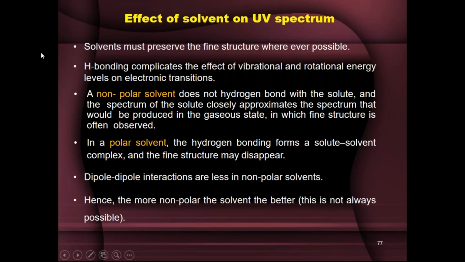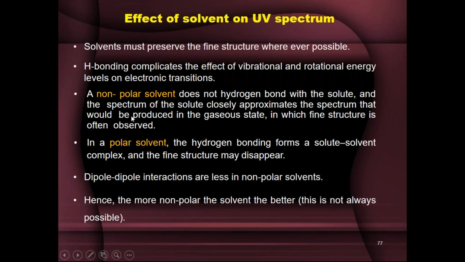Now, the solvents could be non-polar or polar. A non-polar solvent does not hydrogen bond with the solute, and the spectrum of the solute closely approximates the spectrum that would be produced in the gaseous state, in which fine structure is often observed.